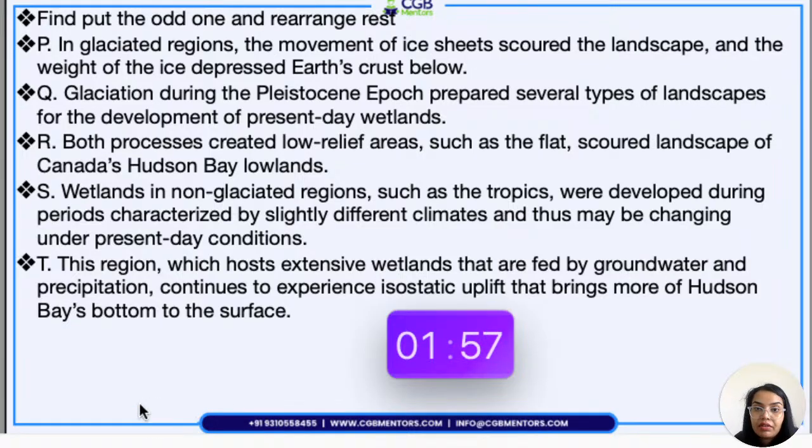You have to arrange everything, I mean, the rest of them as well. So, whatever your odd one is, you have to arrange the rest of them and give the final answer here.